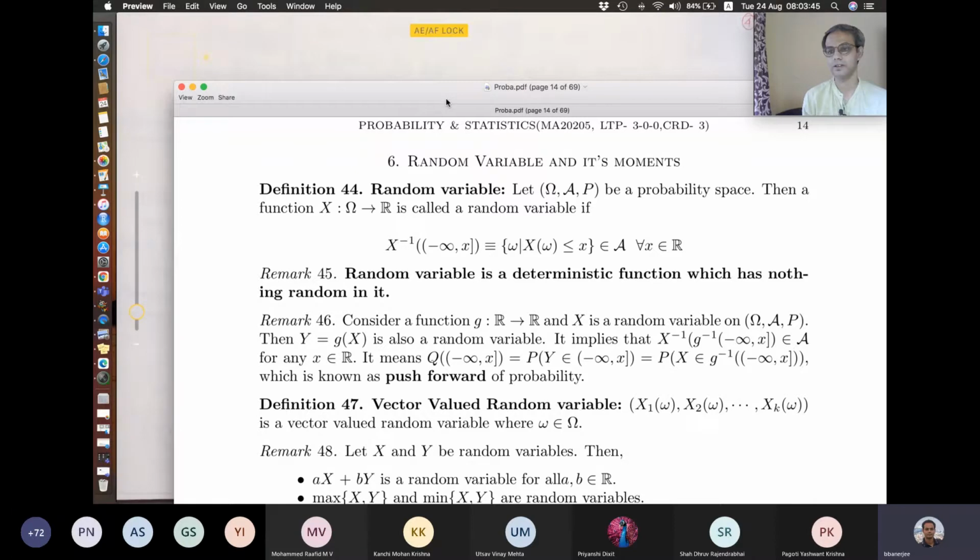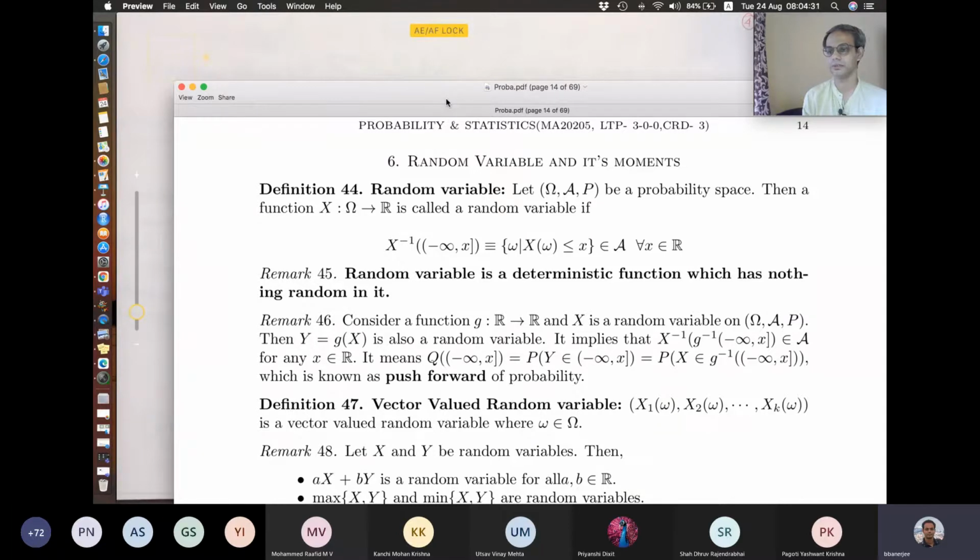We have introduced the definition of random variable, and we have defined it in this way: a random variable is a function from sample space omega to R. Remember, probability is a function from the sigma field to 0 to 1, but a random variable is a function from sample space to R. Now the inverse mapping of the random variable will be a set, and that set must belong to the sigma field that is assumed in the construction of probability, and that must hold for all real numbers from R.